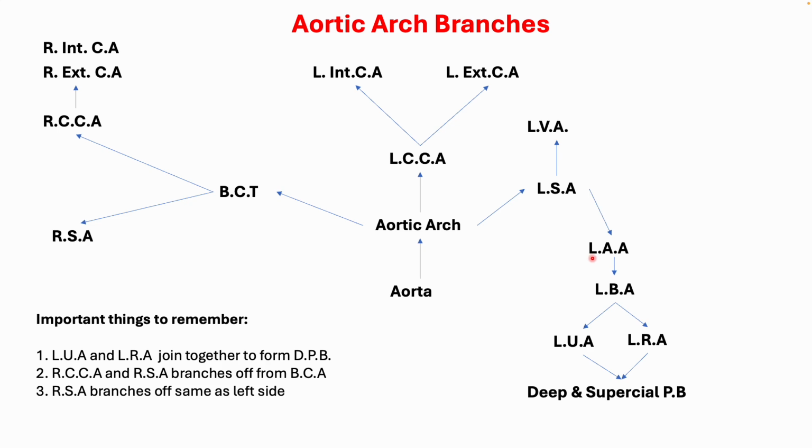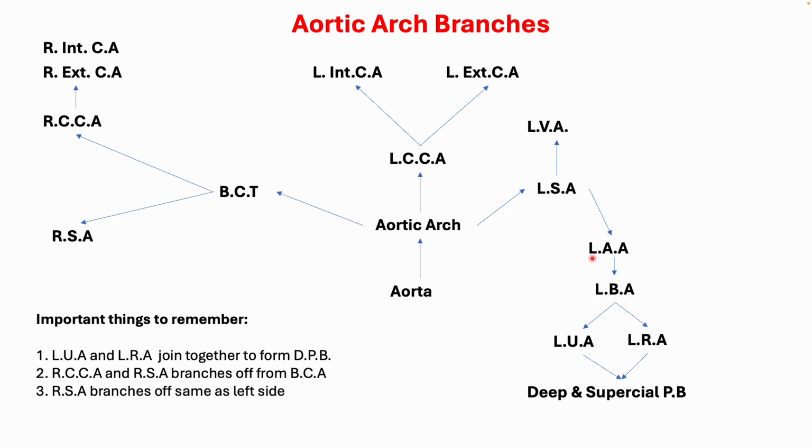So the axillary further breaks down into the brachial artery. The brachial artery will supply your biceps, your triceps, and the upper portion of your arm. And then at the elbow region, the brachial artery divides into two arteries.